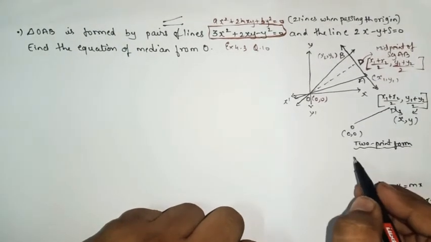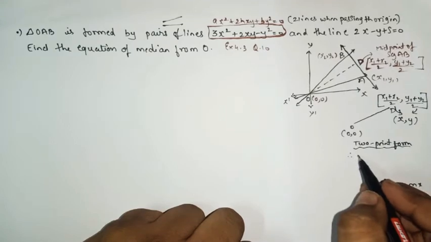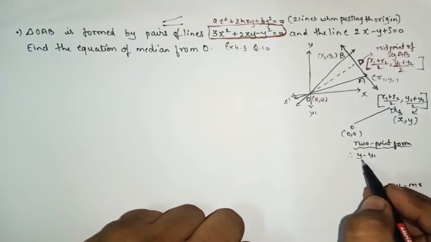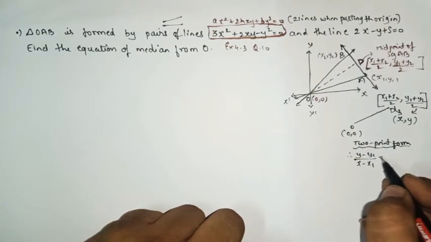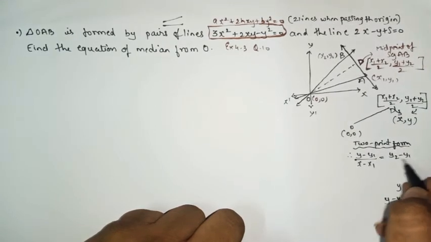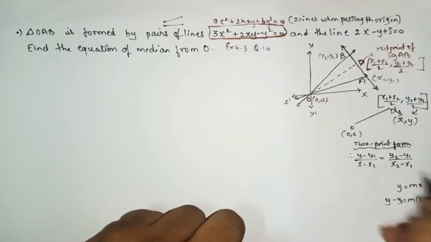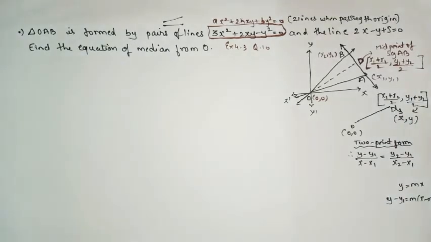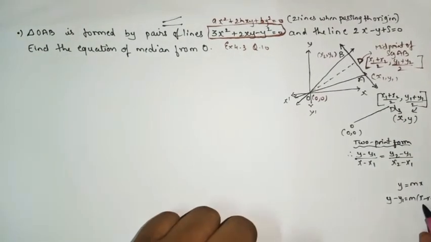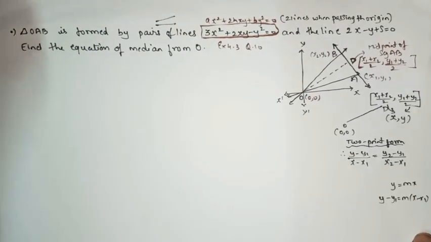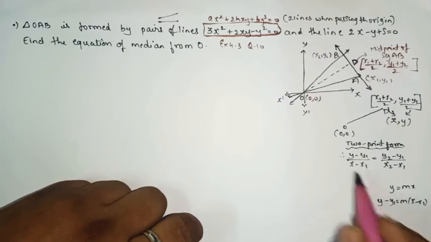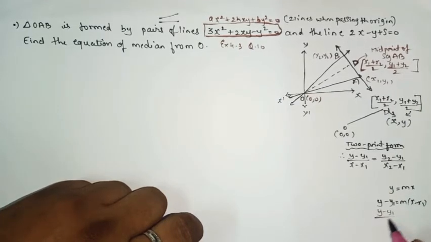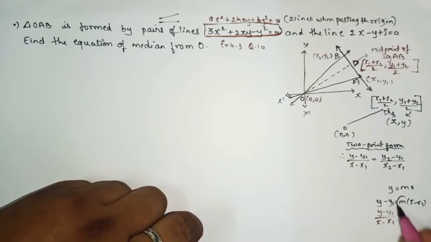So we all know that the 2-point form is y minus y1 upon x minus x1 equal to y2 minus y1 upon x2 minus x1. Simply what I did, listen here, I brought this x minus x1 down, so y minus y1 upon x minus x1.